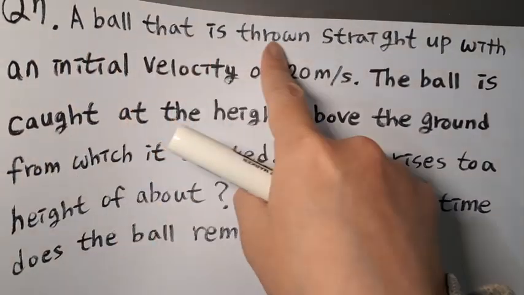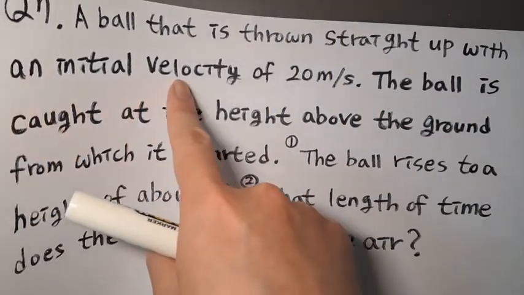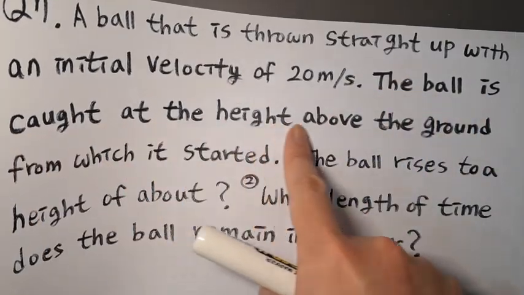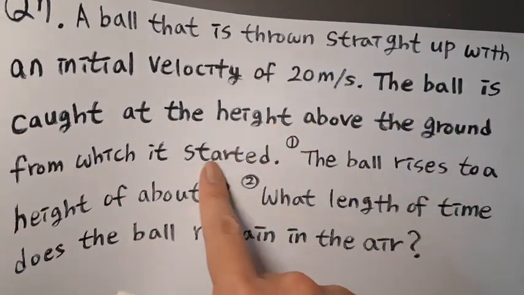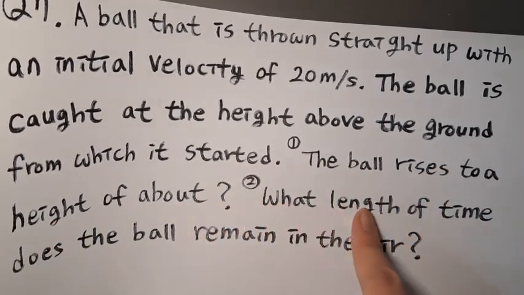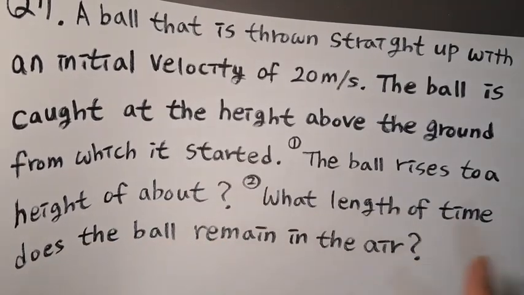A ball is thrown straight up with an initial velocity of 20 meters per second. The ball is caught at the height above the ground from which it started. The ball rises to a height of about? What length of time does the ball remain in the air?